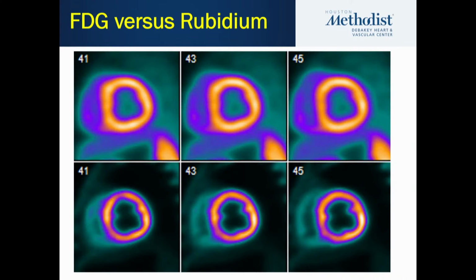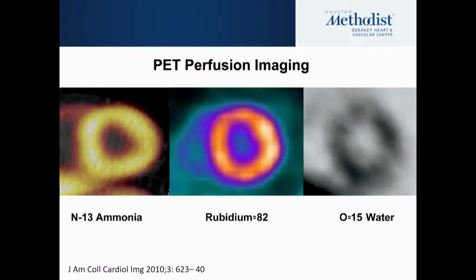This is from our lab, exactly the same patient. On top you have rubidium, on the lower you have F18. You can even appreciate the papillary muscle on the F18, which you don't see very well on the rubidium because of the positron range. So that's why the images will look sharper, more delineated, and have better image quality.